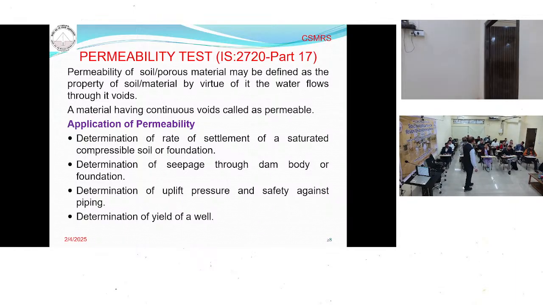But if you are using soil which has low permeability, then it will take years to settle. So that is also important. Another use is to determine the yield of a well. It is very common in every village and every city: you make a well, they pump the well, and how much water you will get from it also depends upon the permeability of that strata.